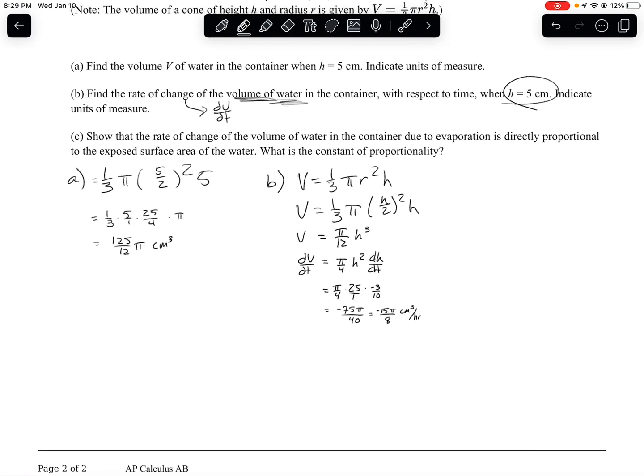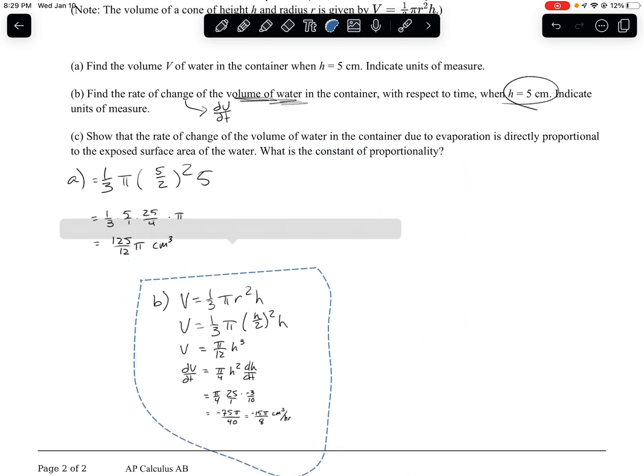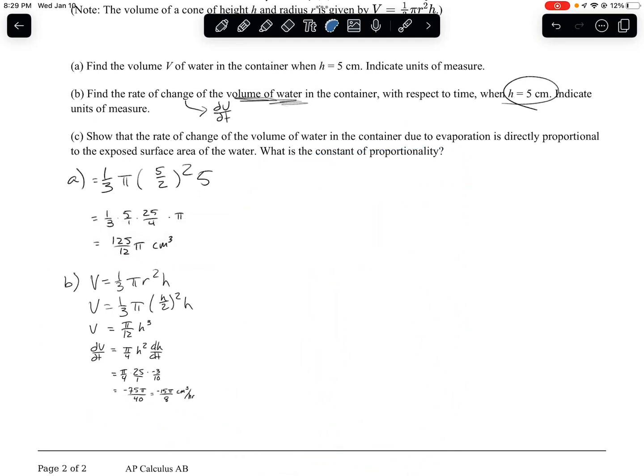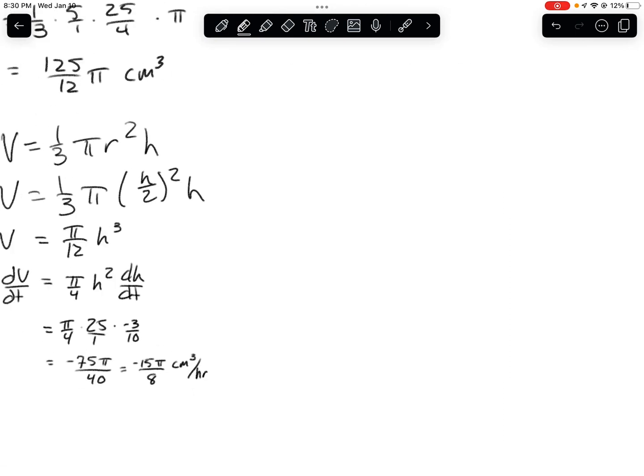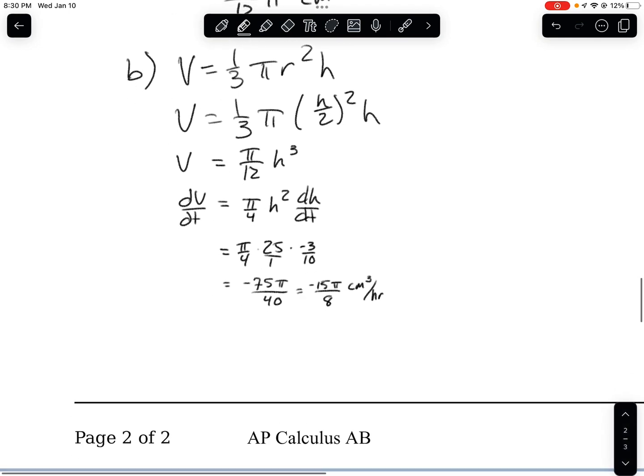Okay, so lastly, show that the rate of change of the volume of the water in the container due to evaporation is directly proportional to the exposed surface area of the water. So this is something crazy. So rate of change of the volume, so this is dV dt, which we have found.